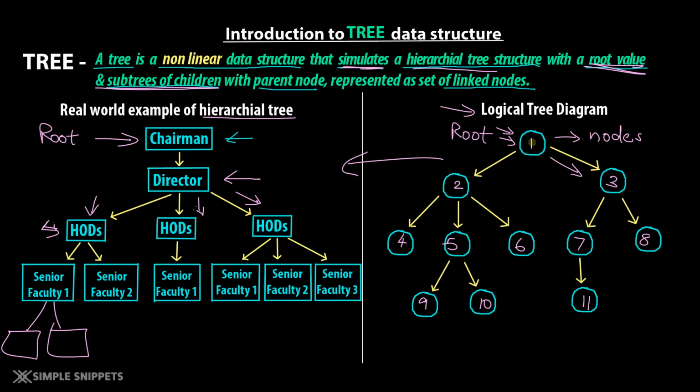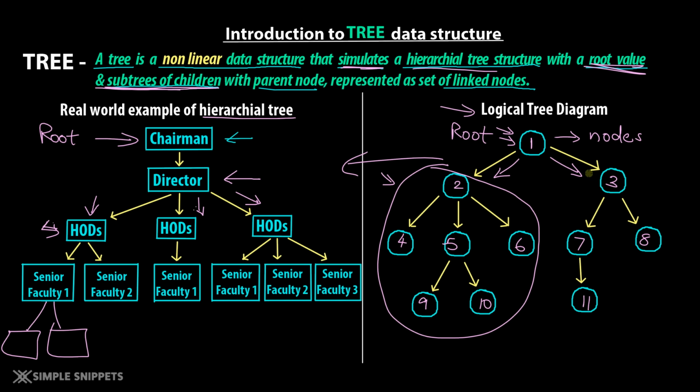You can see the root node is node number 1. After that, it has 2 nodes right below it, node 2 and node 3. These can be individually considered subtrees of children. So for 1, the children are node 2 and 3. If you only look at everything below 2, that can also be called a tree, right?